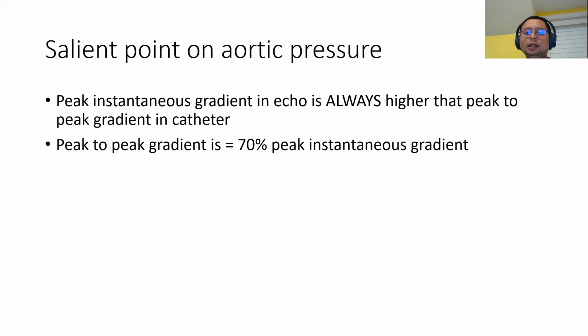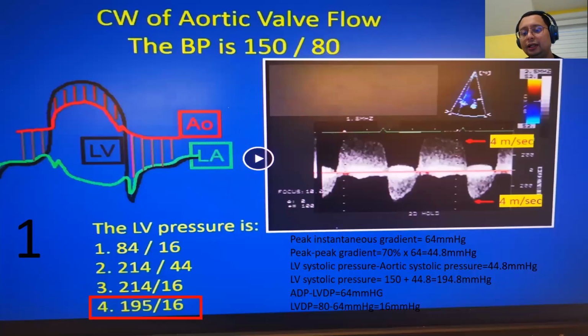Now, if you want to do a calculation, if let's say they only give you the aortic pressure, what you can get is only peak to peak. How to change it to peak instantaneous? Very easy. Peak to peak gradient is 70% of peak instantaneous gradient. In my calculation before, I know that the peak instantaneous gradient between the LV and aorta is 64 millimeter mercury, but they're giving me a systolic of 150, right?